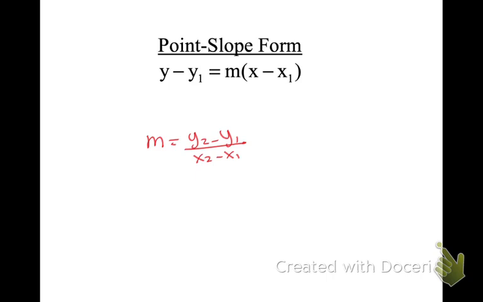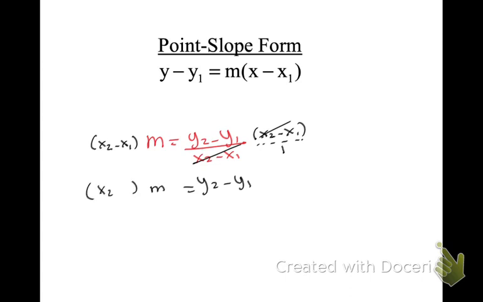So the first thing we'd need to do is get rid of everything in the denominator. So I'm going to multiply both sides by x2 minus x1. And then, look what we have. y2 minus y1 is equal to m times x2 minus x1.